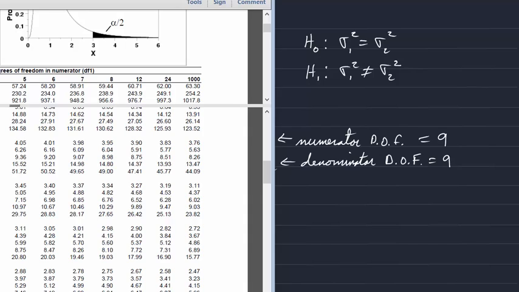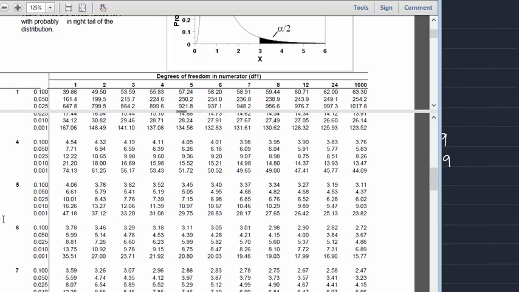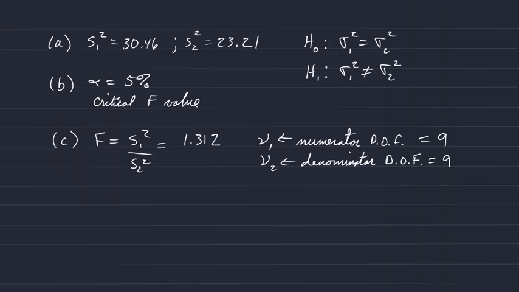And so we look for 9 degrees of freedom in the numerator. This particular table doesn't have 9, so let's just pick the next one, 8. And the degrees of freedom in the denominator is 9, and we're looking at the 5% significance level. So that's 3.23. That's our best estimate from this table. So F at 5%, 9, and 9 is equal to 3.23.